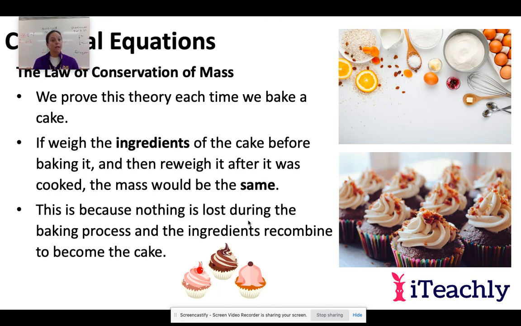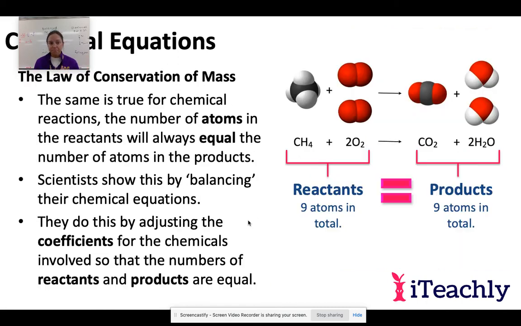Now you have to also remember some things are gases and become a gas, but you'd have to weigh that as well, or they wouldn't weigh the exact same. When you get into chemistry class, you will do chemical reactions where you actually demonstrate the law of conservation of mass, that what you started with is what you end with.